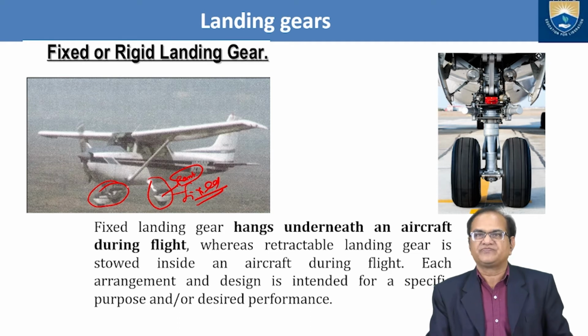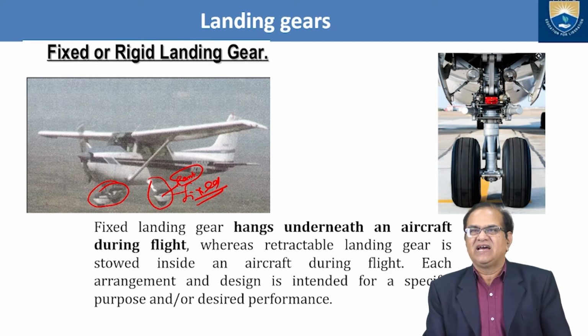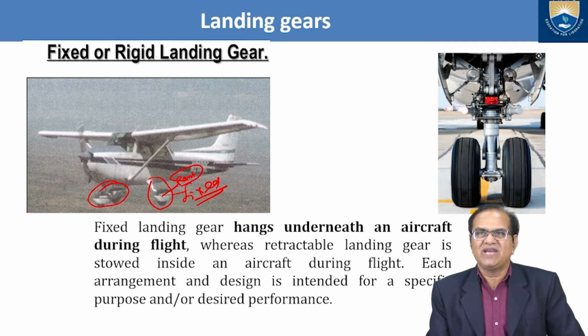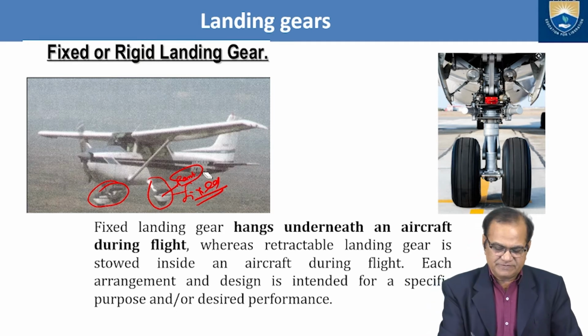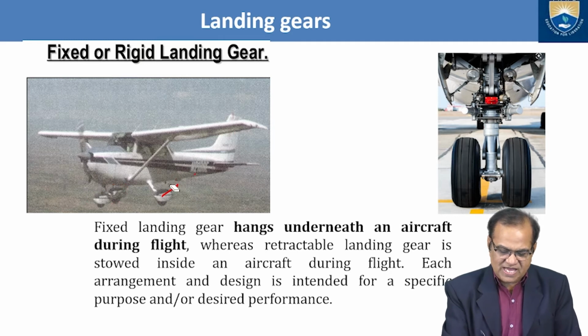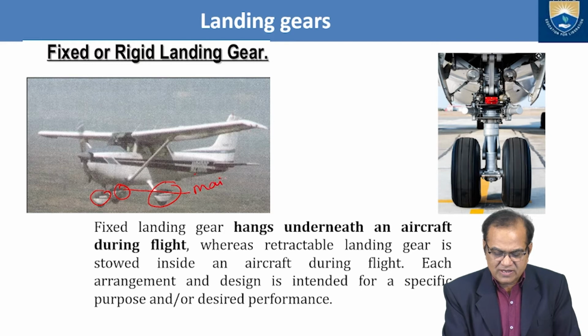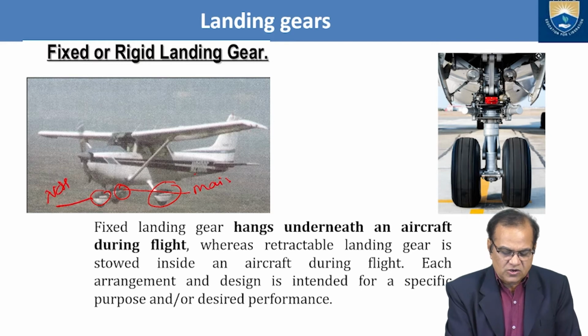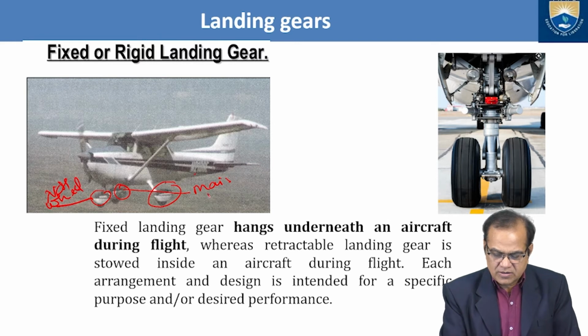So fixed landing gear hangs underneath an aircraft during flight. It will always be hanging. You can see here in this aircraft, this is the nose wheel, and these are the two main wheels.